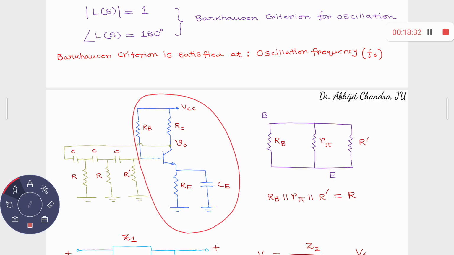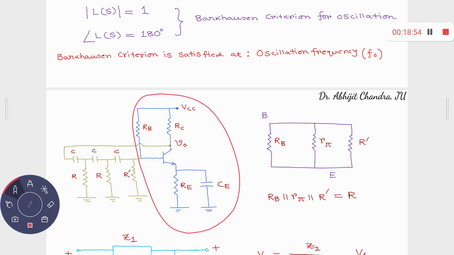Common emitter amplifier with fixed bias. A bypass capacitor is there. At signal frequency, you expect that the effect of this bypass capacitor is neglected, right?